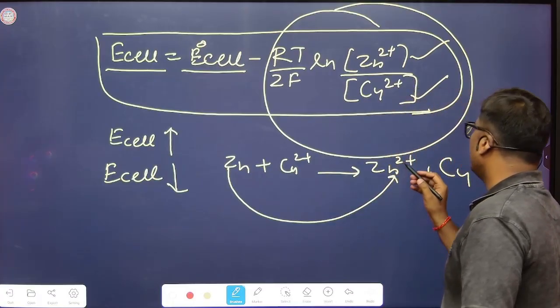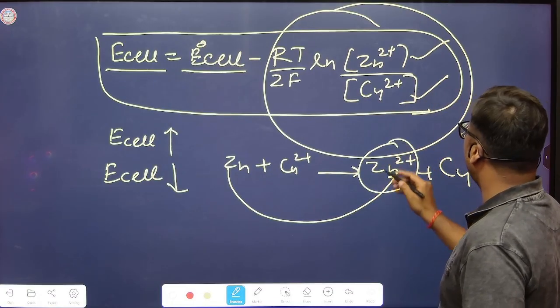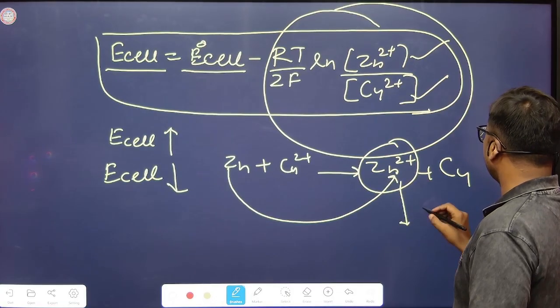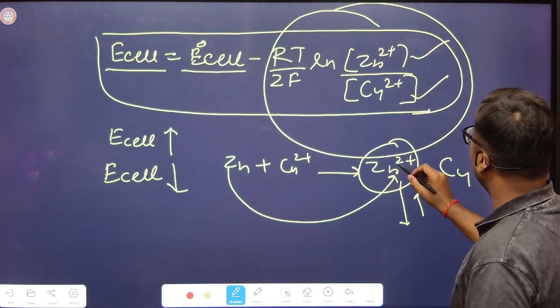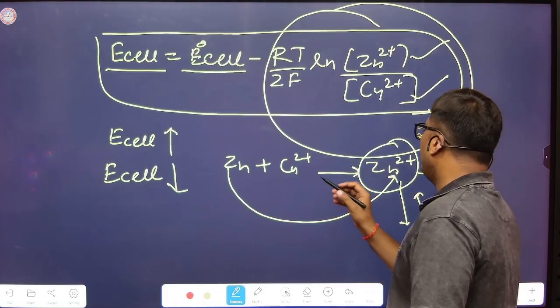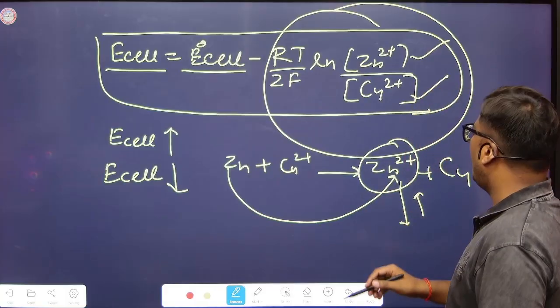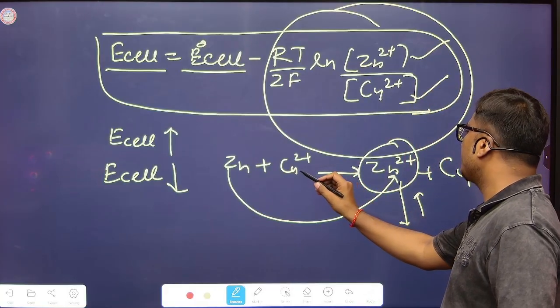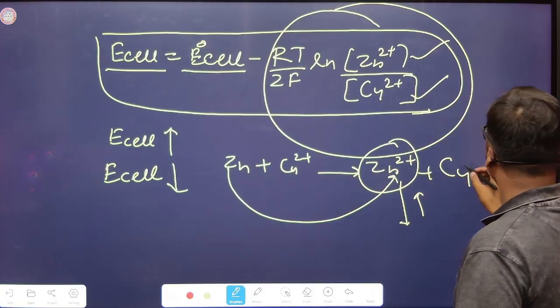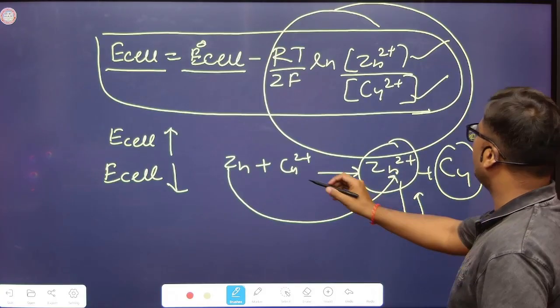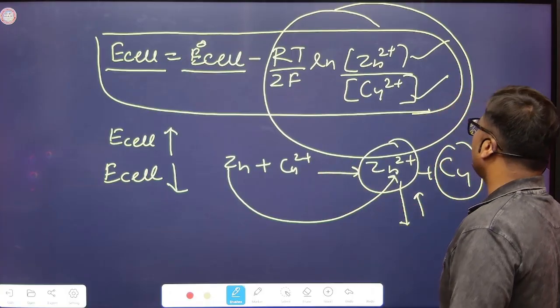It means the concentration of zinc 2+ increases, right? Initially the concentration of copper 2+ is very high, but after some time this copper 2+ is reduced as copper solid, so the concentration of Cu2+ decreases.